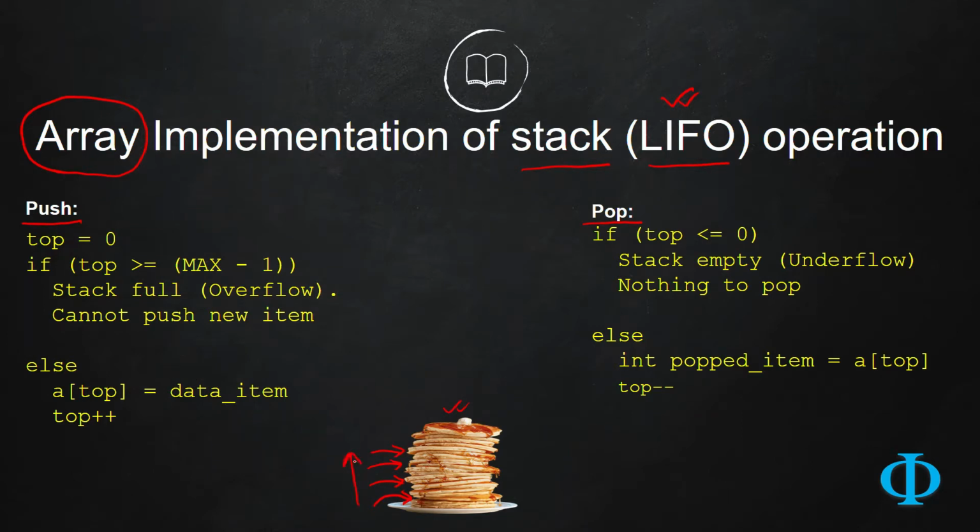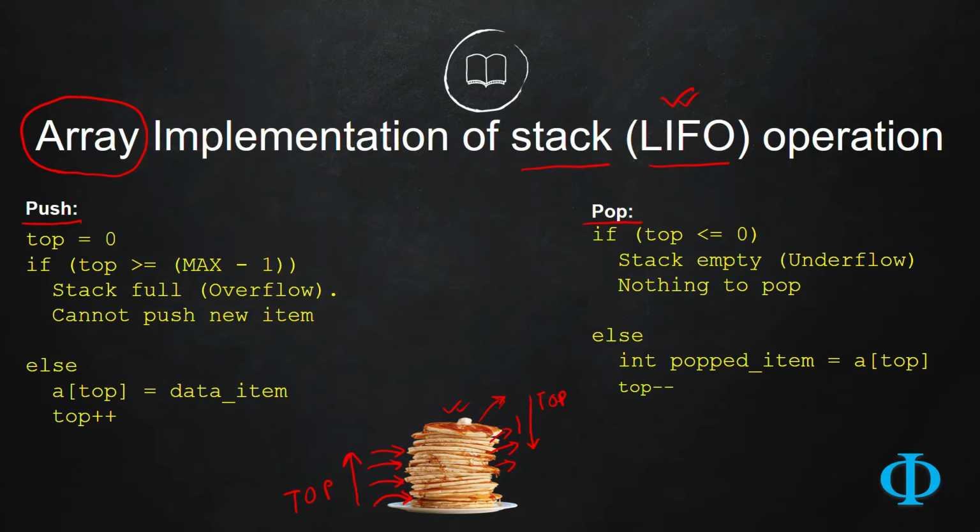This way they are growing the stack of pancakes. And whenever you take it out, you take the first pancake out, then the second, then the third, then the next one.